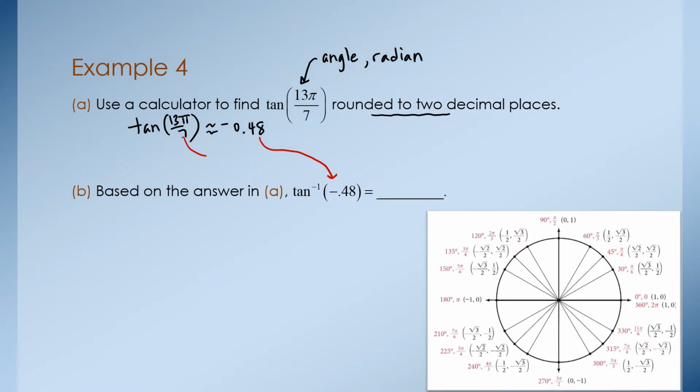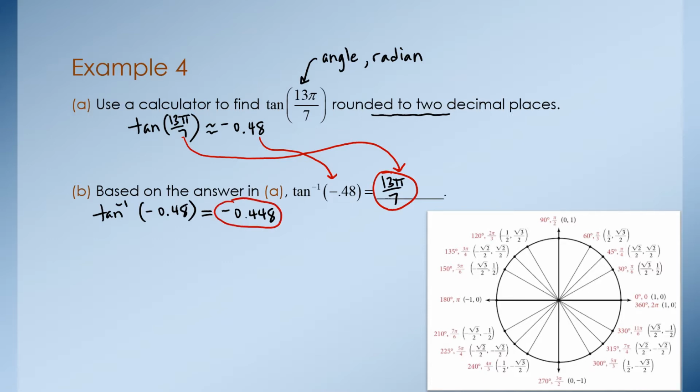So I would expect this 13 pi over 7 that was an input for Part A is now an output for Part B. Now, what I always recommend is trying this in your calculator, and if I put into my calculator tangent inverse of negative 0.48, I got an answer of negative 0.448. Now I can tell right off the bat that something's not right, because 13 pi over 7 is definitely a positive number, and this is definitely not a positive number.